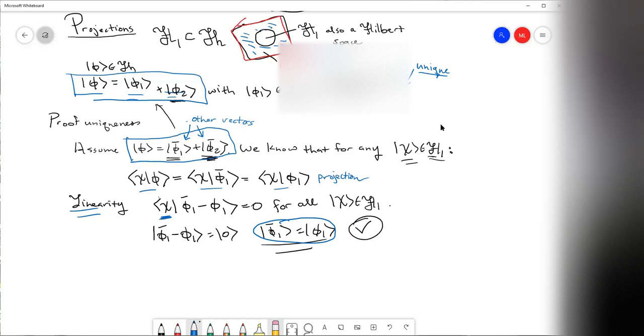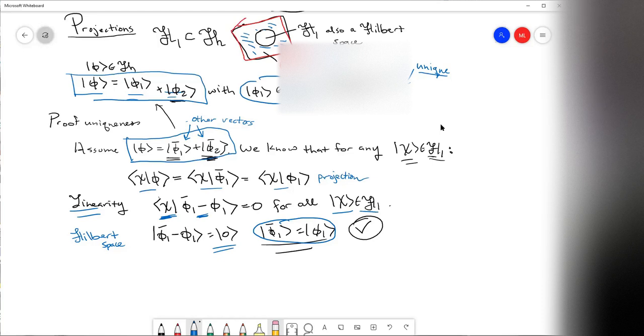And then this is sort of the property of a Hilbert space, of a vector space, that if any vector dotted into this guy is 0, no matter which one you choose, then the only possibility is that either this thing is not in the Hilbert space, like part of H2 or something, which would be a contradiction because we assumed that phi 1 is in H1 and phi 1 bar is in H1.